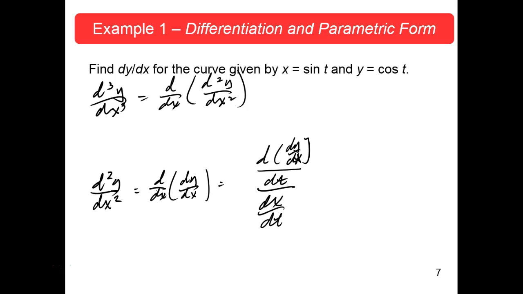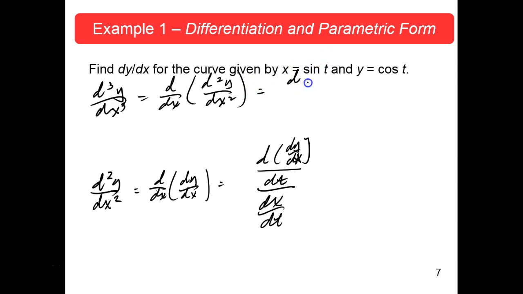D by dx, pull that out, and that leaves you a d2y dx squared here. Or doing the other way, this is d3y over dx cubed. Okay? Now, what would that be? Doing the same thing we just did there.